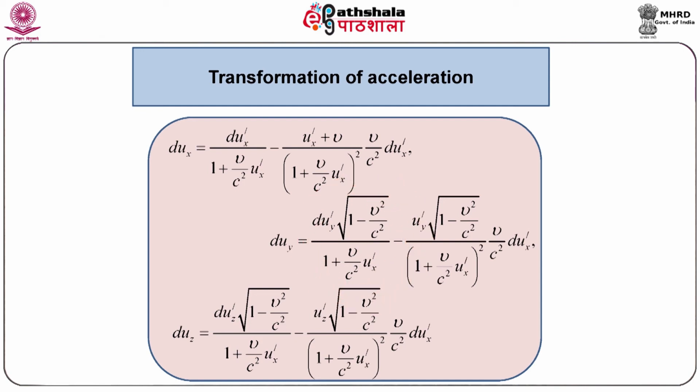Using the velocity transformation formula connecting the velocity components along z and z dash axis, one can get this result taking the differential only. This gives the differential of the numerator, the denominator remains unchanged, and here the numerator remains unchanged, we have obtained the differential of the denominator.